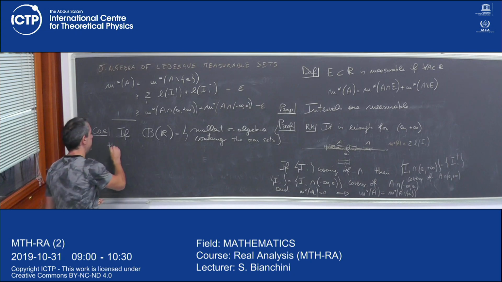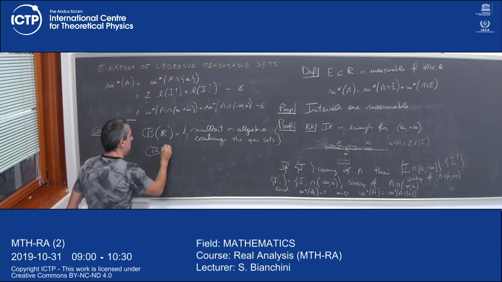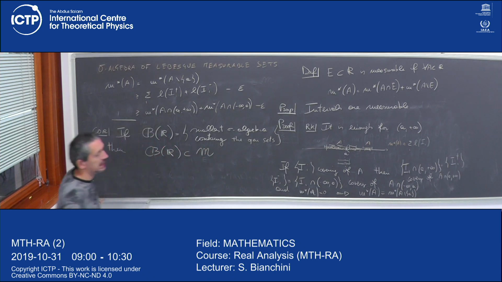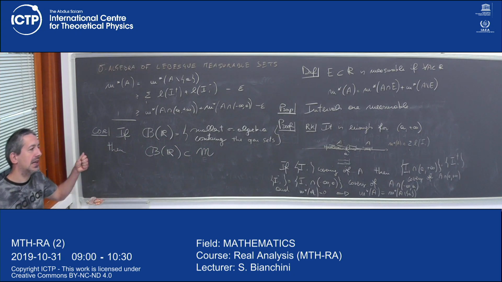Then what I deduce from this proposition is that B of R is a subset of the measurable sets, the Lebesgue measurable sets. Okay, and then I say the following.